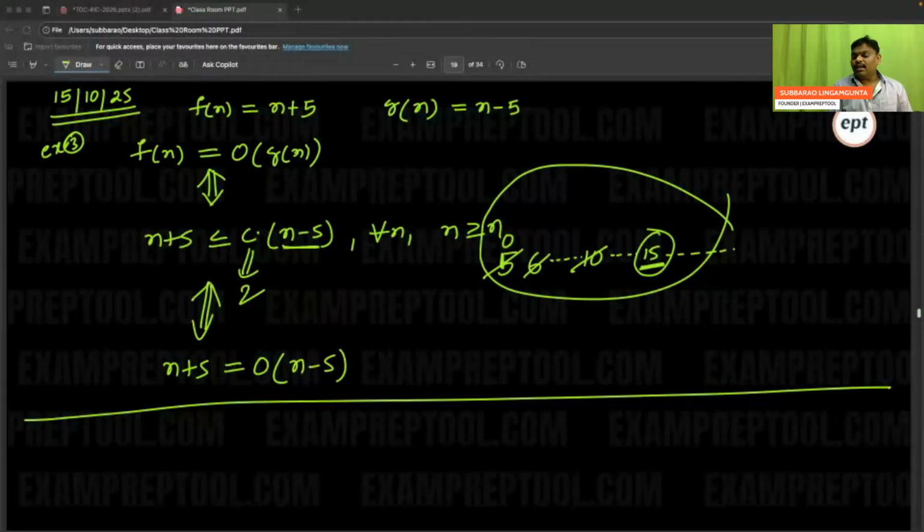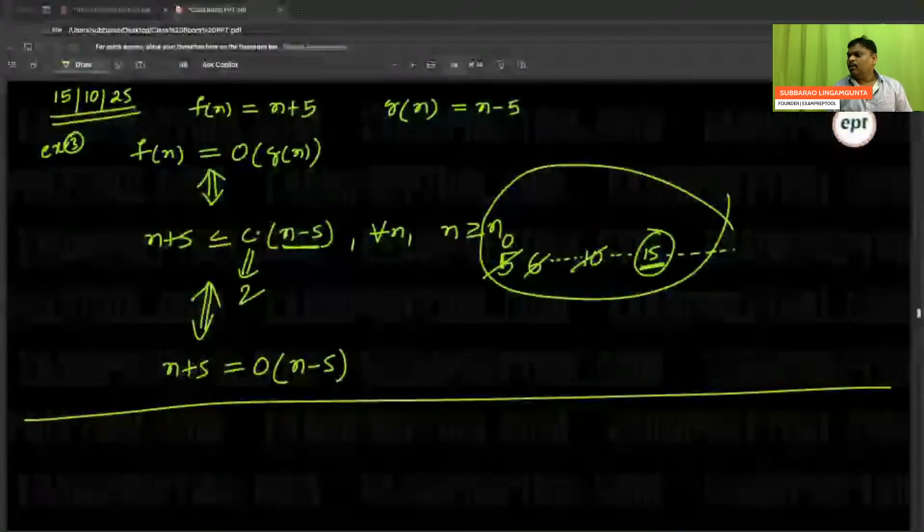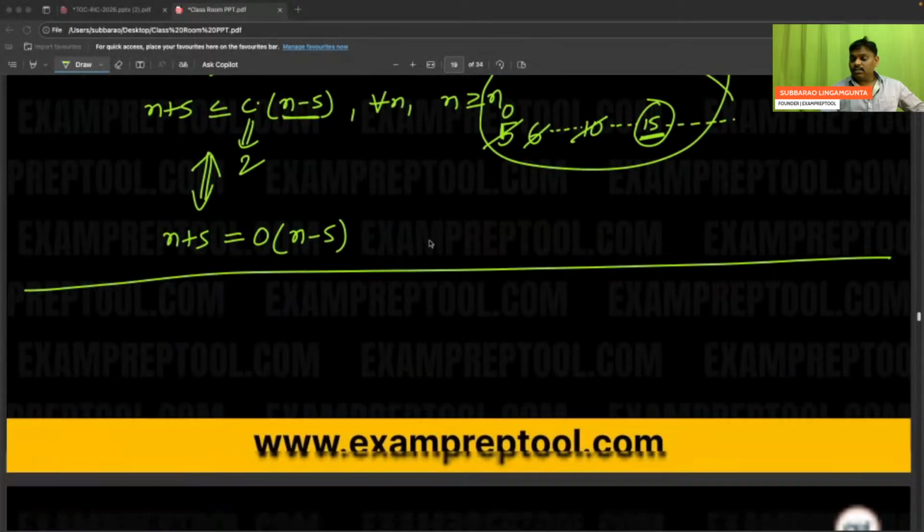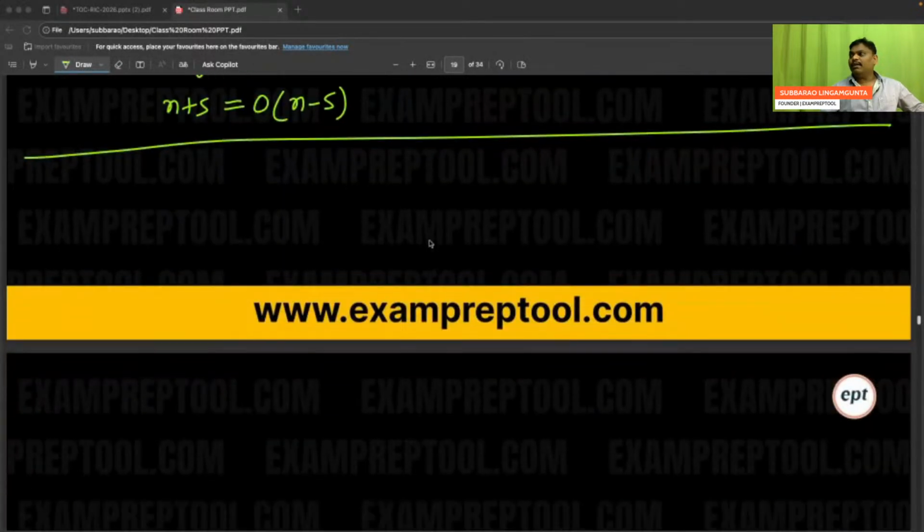If you don't take any constant help, I can say right is exactly greater. If you take constant help and prove that comparing left and right, right is bigger by taking constant help, that is asymptotic notation.